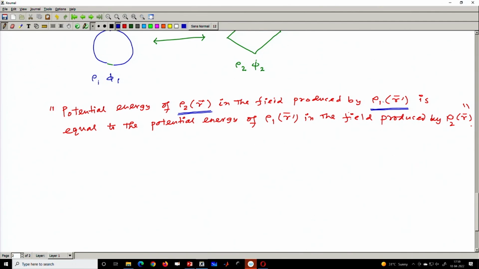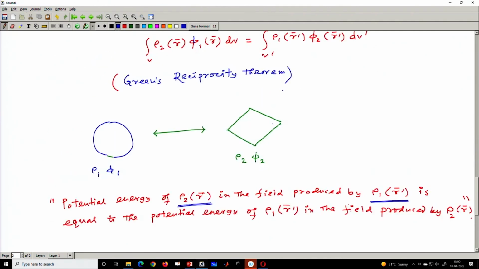Because of the presence of the charge distribution rho 1, I have a field, and if I put rho 2 in this field, then rho 2 is going to have some potential energy. That value is equal to the same thing the opposite way: rho 2 produces the field and rho 1 experiences that potential energy. So, that is the meaning of this Green's reciprocity theorem.